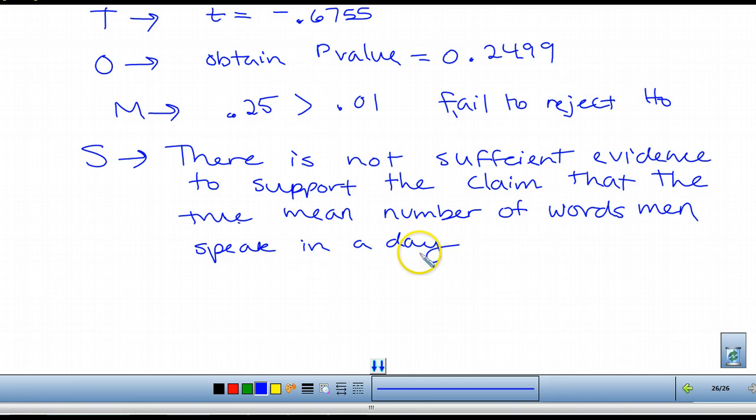Now, I'm going to do what the alternative says and say that there's not enough evidence to support the claim that the true mean number of words men speak in a day is less than that of women.